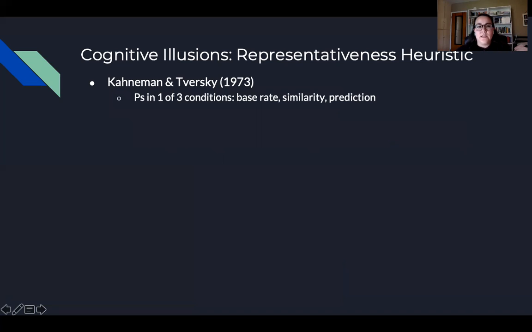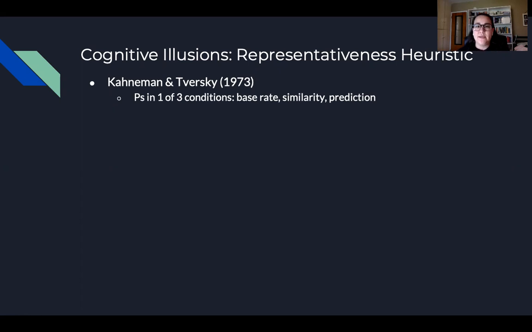There's a study done in 1973 by Kahneman and Tversky, and you'll see that this pair of researchers will keep coming up. They're pretty foundational in the field of decision making within cognitive psychology, and they've contributed a lot. They're pretty popular names, and we'll keep encountering them.